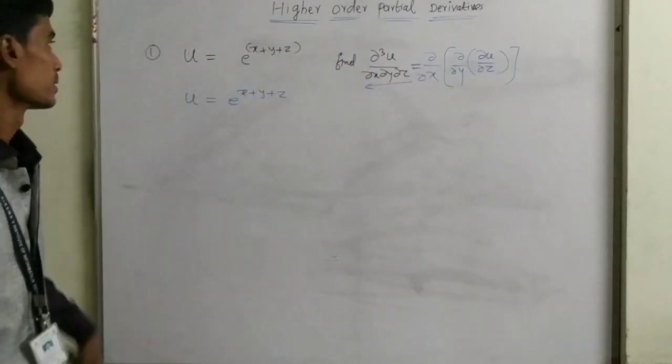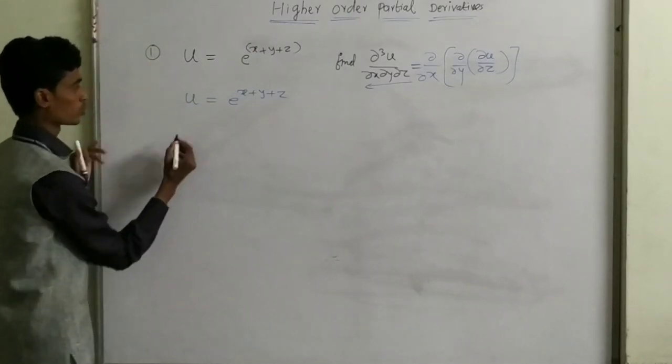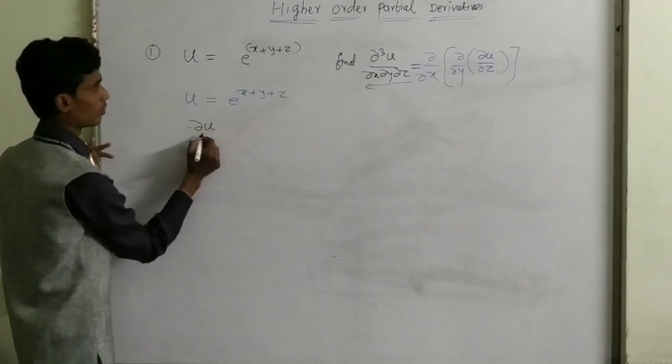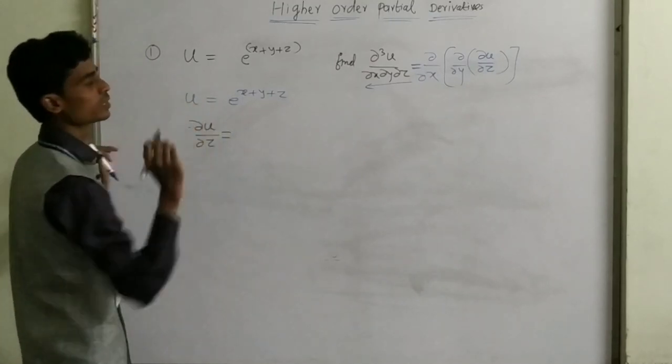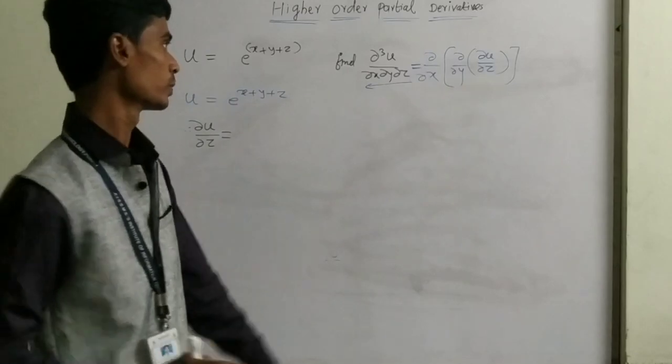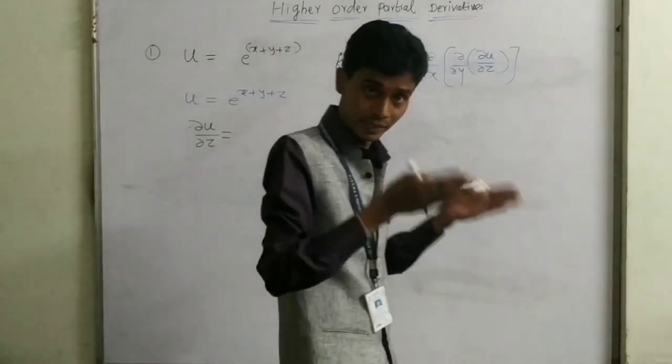So our first target is to differentiate this with respect to z. So first we have to differentiate u partially with respect to z, first inner bracket, clear.